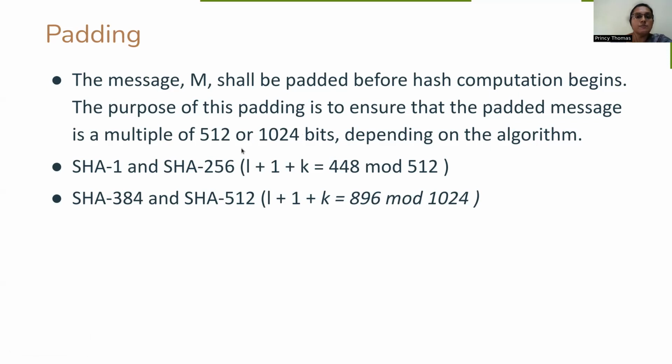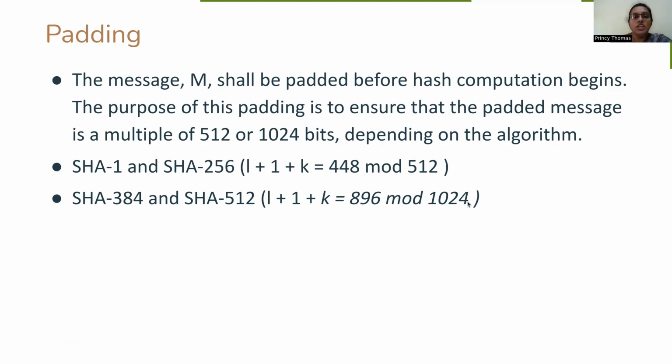Now, how exactly is this padding done? This L over here is the length of the message. So length of the message plus 1 plus K must be equal to 448 mod 512. And in the case of 384 and 512, L plus 1 plus K must be equal to 896 mod 1024.